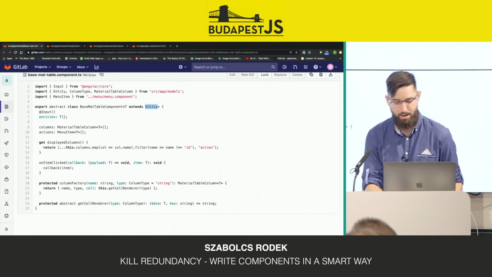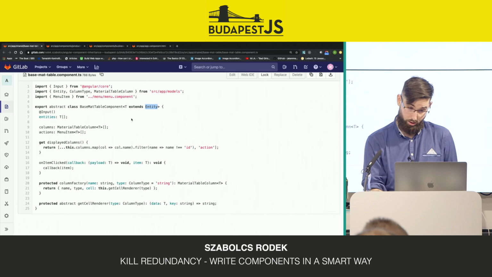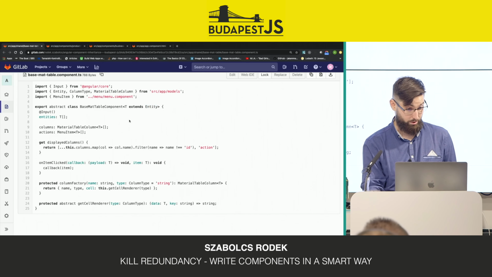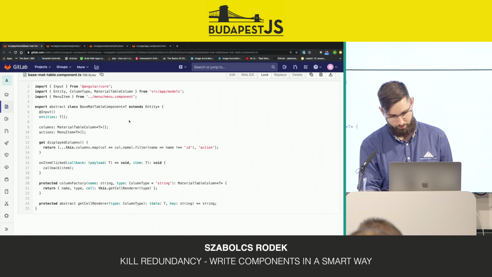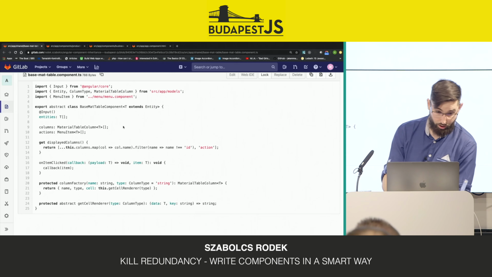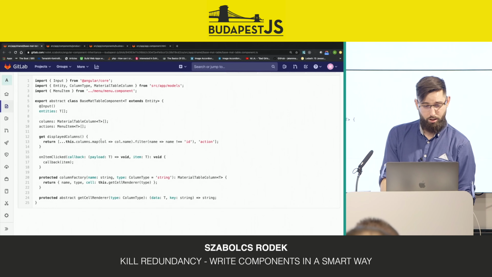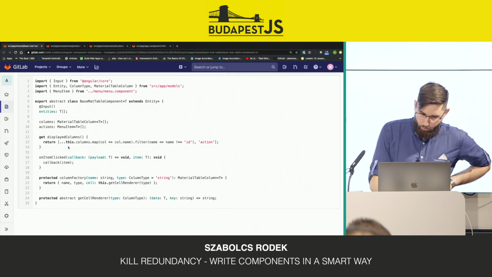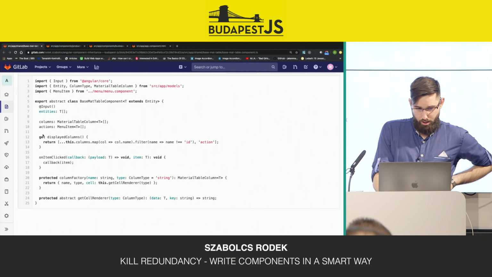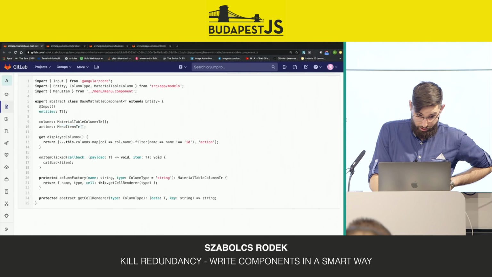It only has one ID property, which is a string, and that's necessary because of the material table implementation. I think it's not that important from our point of view. And the same goes for the actions. It implements the generically typed menu item, which is a list of actions.